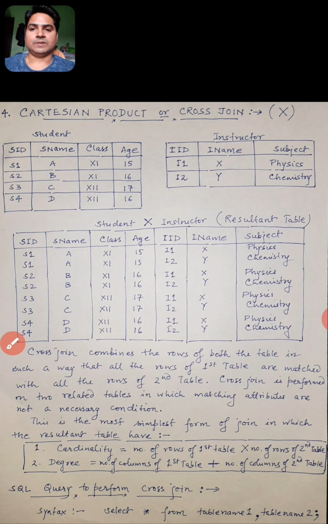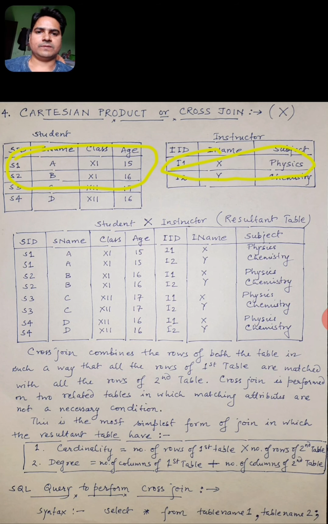Understood? Here you can see student 1, S1A, class 11th, age 15, from the first table, the student table. And from the instructor table, the first row is I1, X, physics, and that's all. So we are going to match.